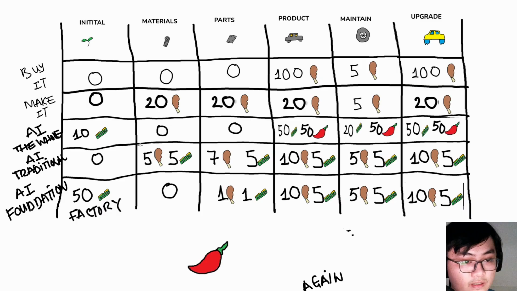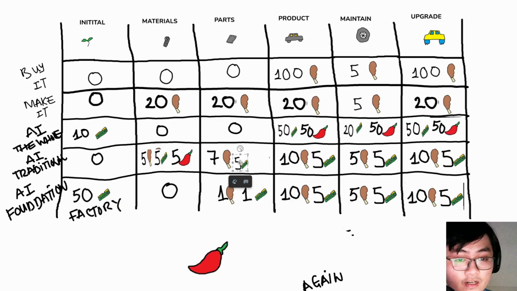And for the AI traditional, I think the unreal power for the traditional method should be 5, because in this step we don't need so much AI, so we get a little bit less unreal power. And I think it's the same for the parts. Like that.